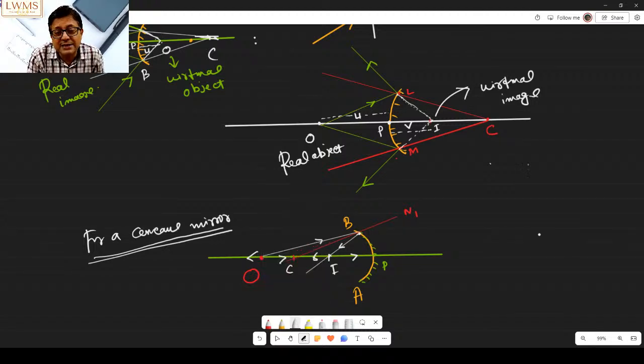Send a ray like this, the way you sent there, and on the normal, same manner. A ray will go this way, in the direction of the incident ray. Normal you draw here. You do it slowly with me. You will understand everything when you do it on your own.